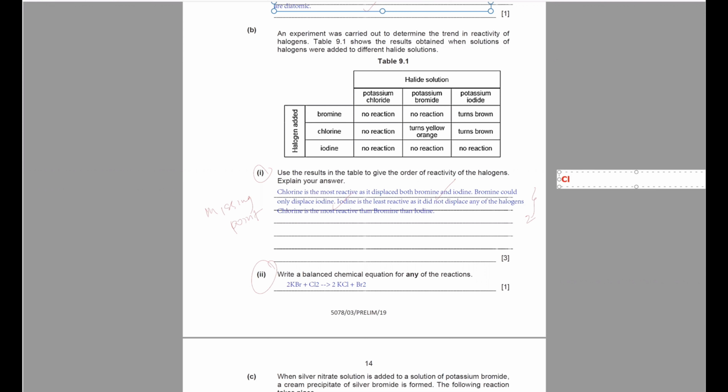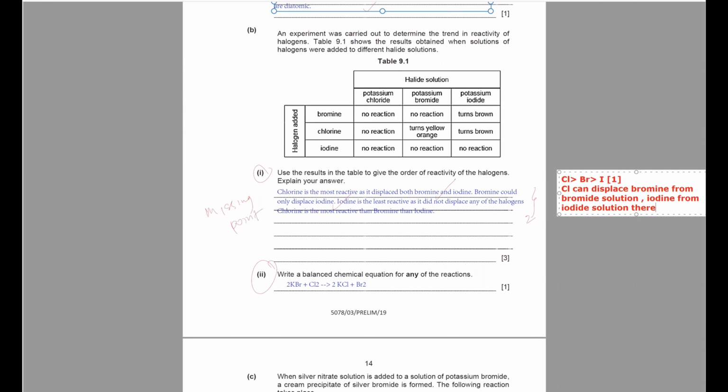So you can say this. This itself is 1 point. Then after that, you say that chlorine can displace both bromine from the bromide solution and iodine from the iodide solution.